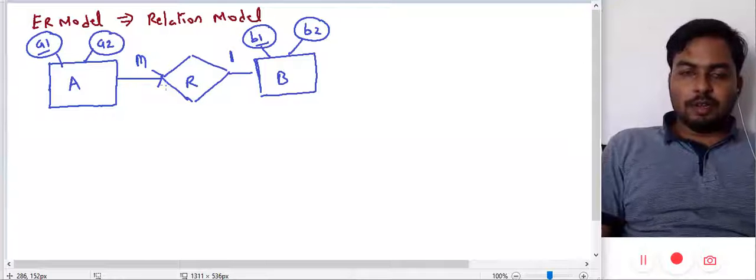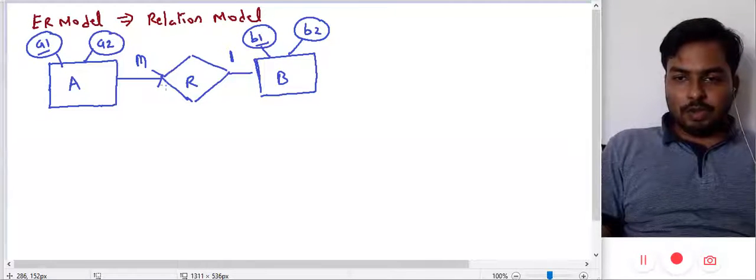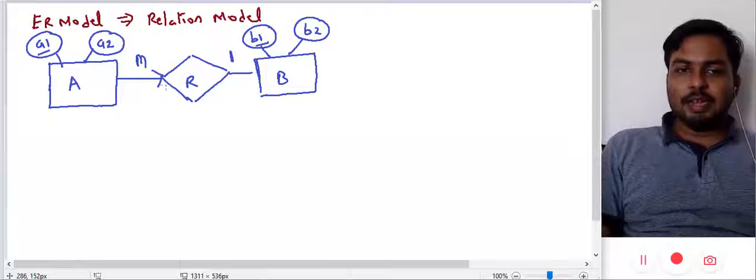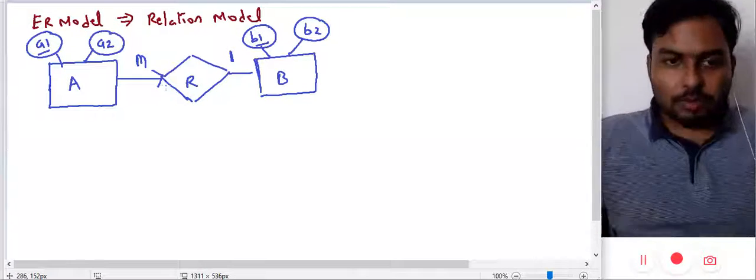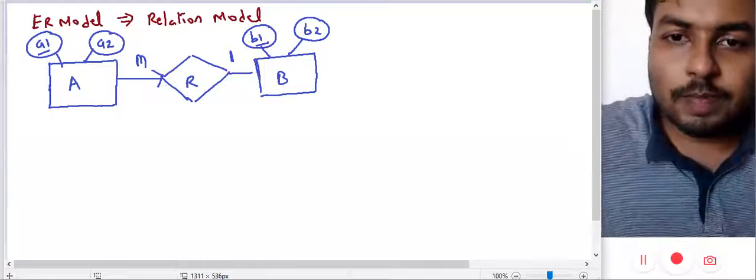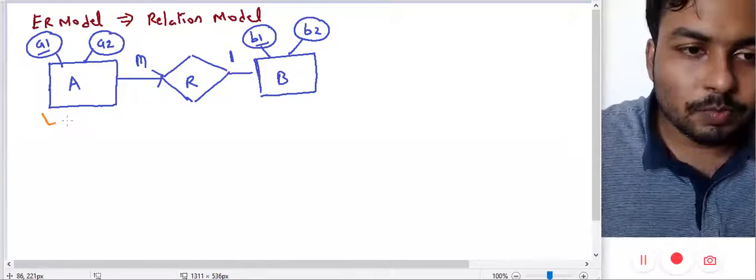When you're converting this ER model to a relational model, how many relations can be created for this particular ER model? So what you have to do is club these two.